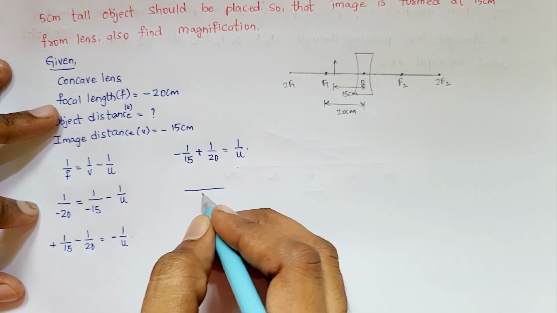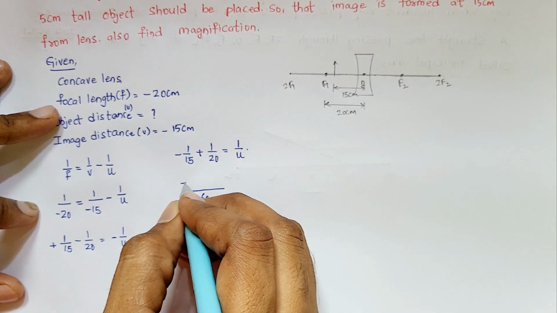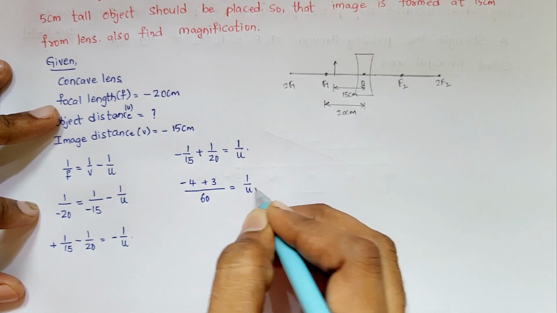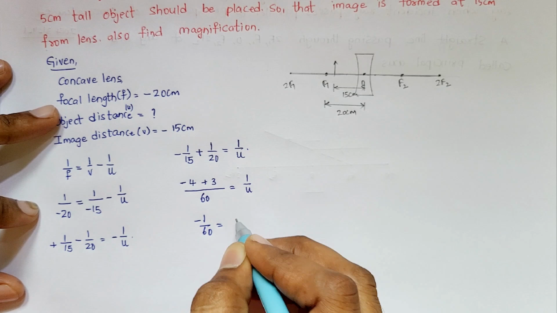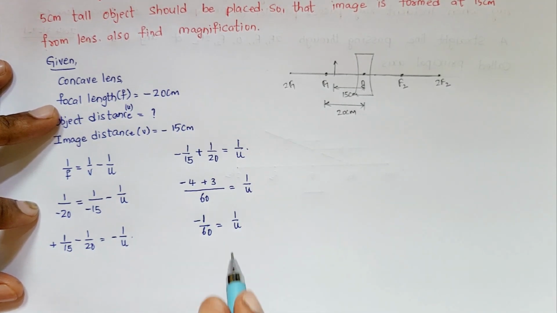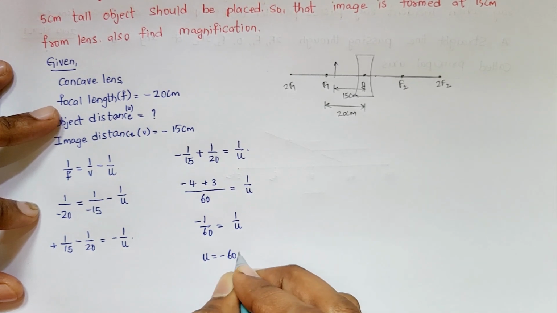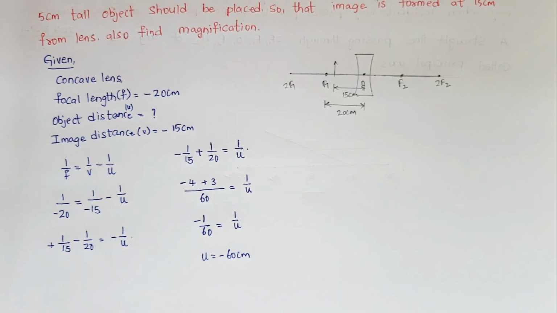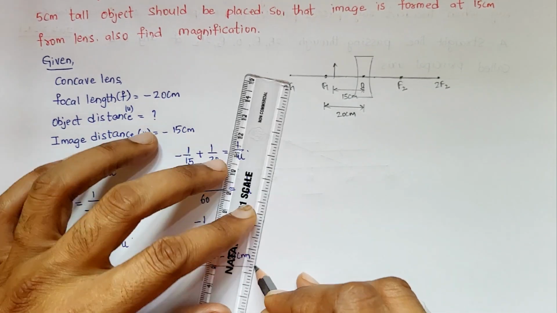It will be 60. 15 fours are 60, 20 threes are 60, is equal to 1 by u. Minus 4 plus 3, it is minus 1 divided by 60 is equal to 1 by u. So we can write after cross multiplication, u is equal to minus 60 centimeters. So we got u as minus 60 centimeters. Now you draw a box for it so that it will give a good look to the examiner.